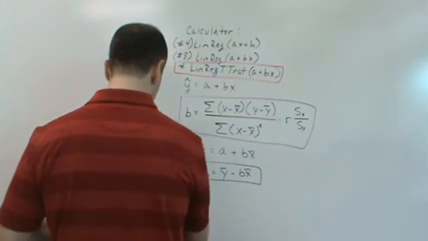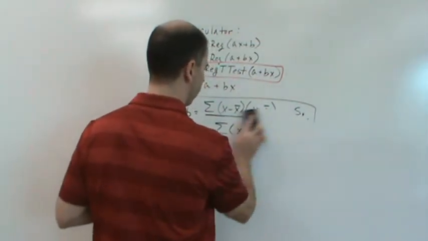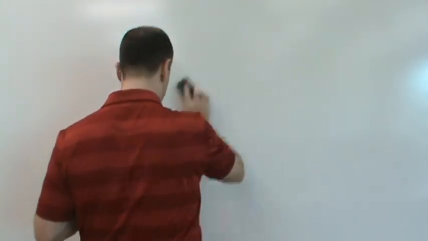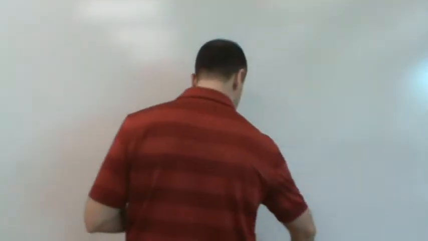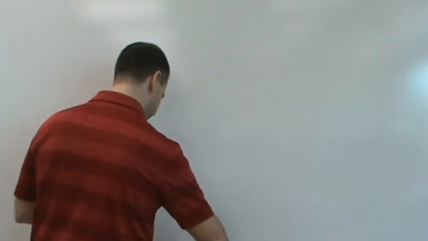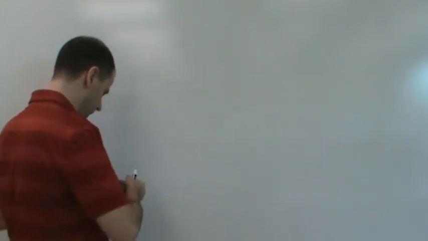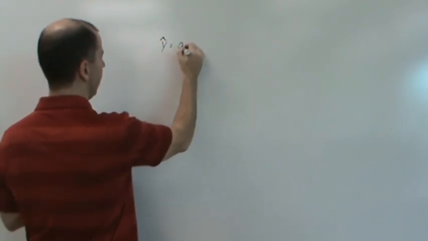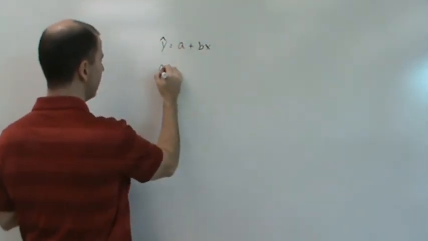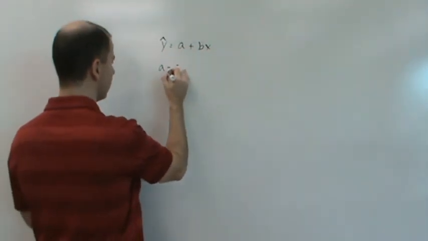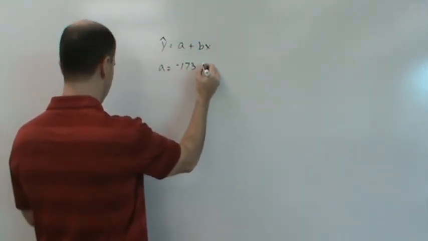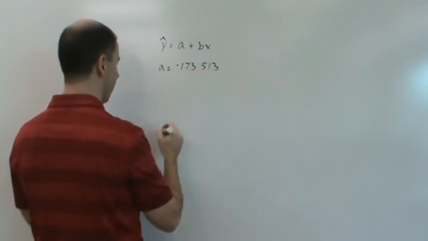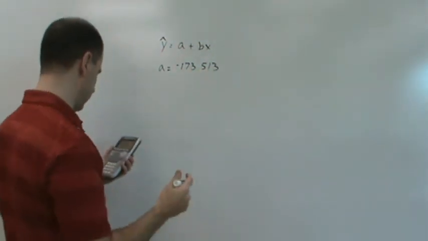Based on this example, here's the way I would write my regression line. I'm just going to write this on the board so you see. Here's my line, it's a plus bx. A is the intercept, so a in this case is negative 173.513, and we're always going to go out to 3 decimal places for a regression.